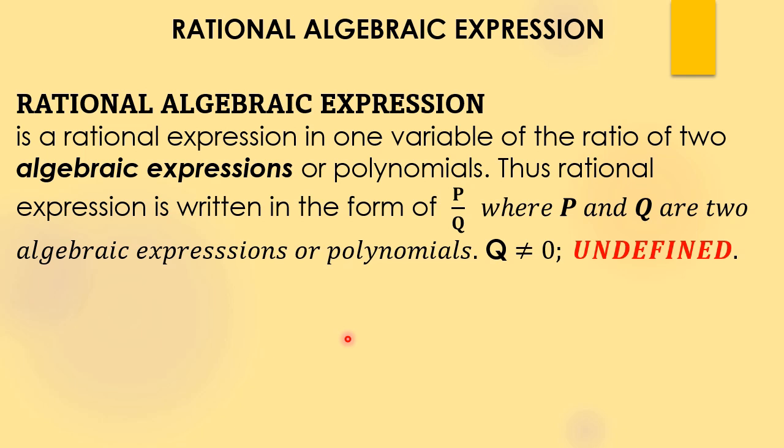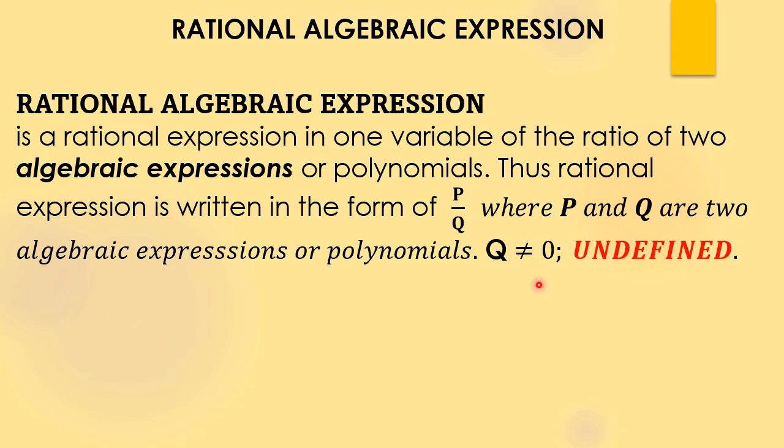Remember, our rational expression must be written in the form P over Q, where P and Q must be algebraic expressions. Otherwise, if P or Q is not an algebraic expression, then the entire expression cannot be called a rational expression.